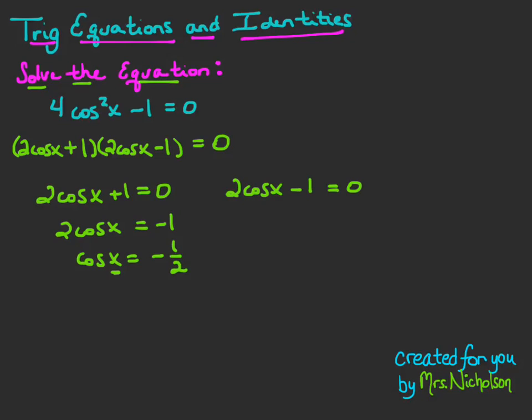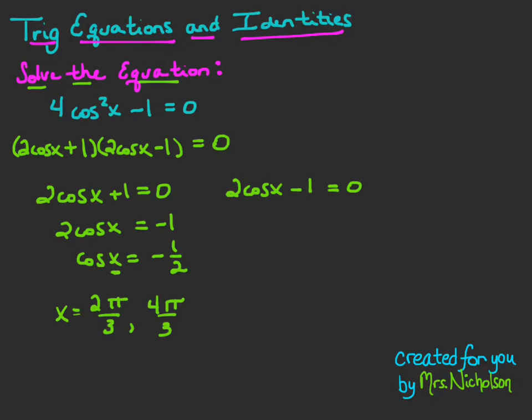Well, I know cosine is negative in quadrants 2 and 3, so I should be looking in those quadrants. And I can find that cosine is equal to 1/2 whenever x is equal to 2 pi over 3, and then also in quadrant 3, 4 pi over 3. So those are my two answers for this first factor.